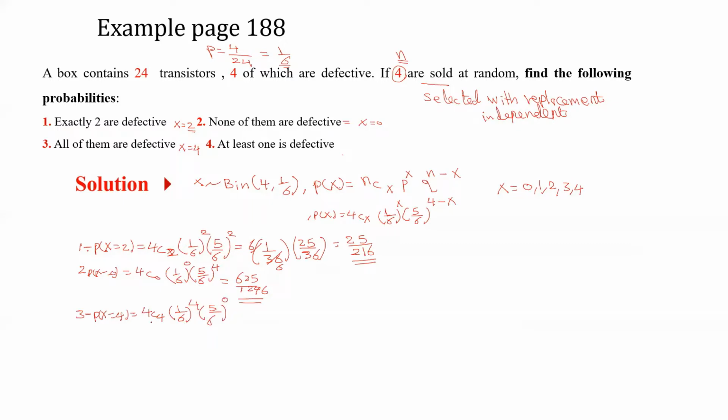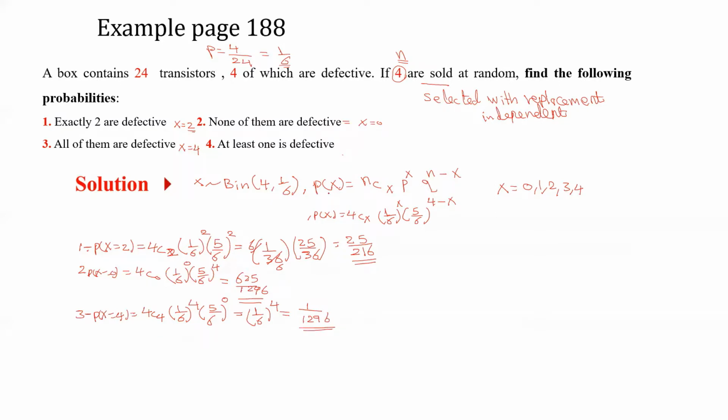This is 1 and this is 1, so we have (1/6)^4, which is 1 over 1296.